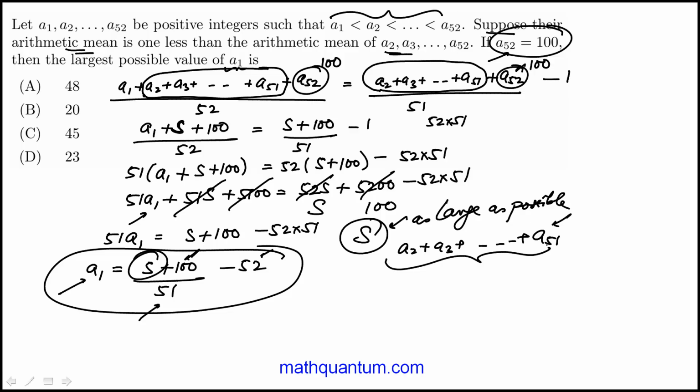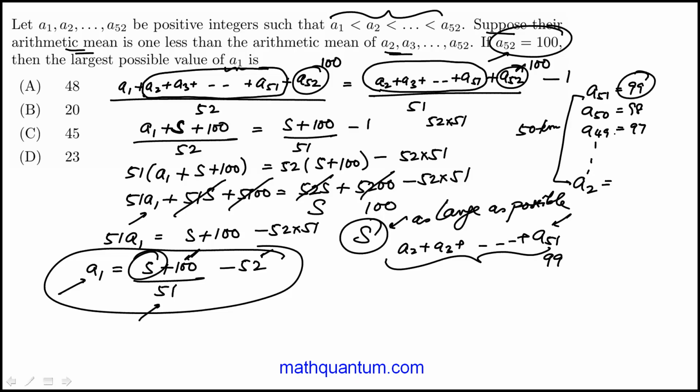So the best I can do with a51 is 99, and they're all distinct, and they're integers, which means this is our sequence. a51 is 99, a50 is 98. That's the highest I can make their sum, 97, and all the way to a2. So this is 50 terms.